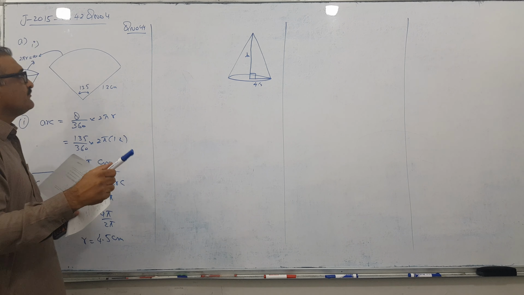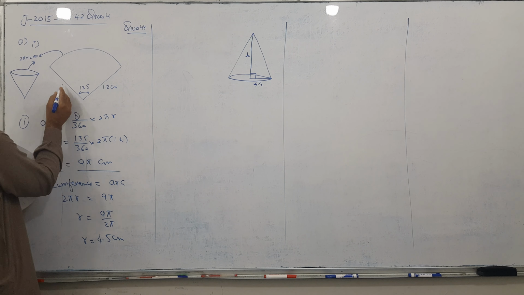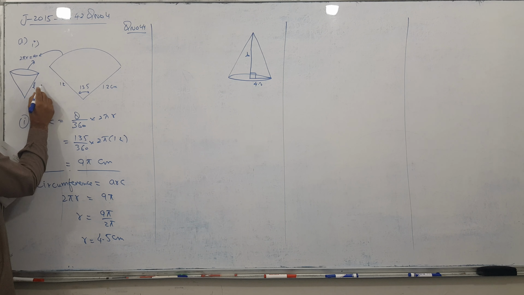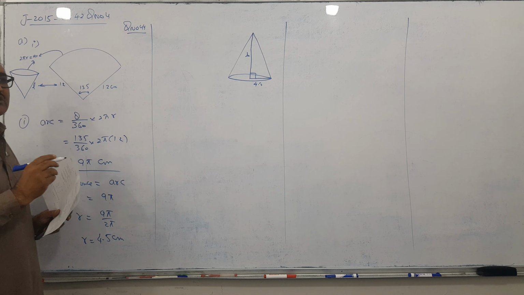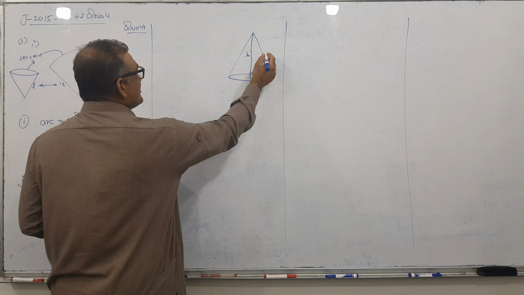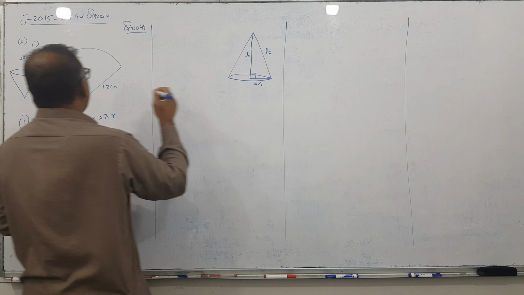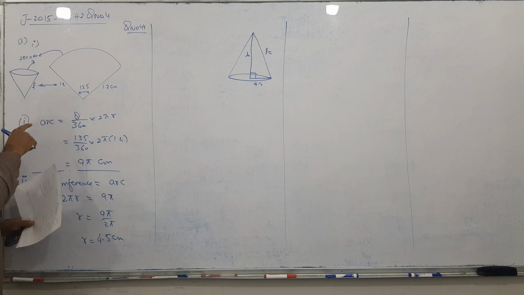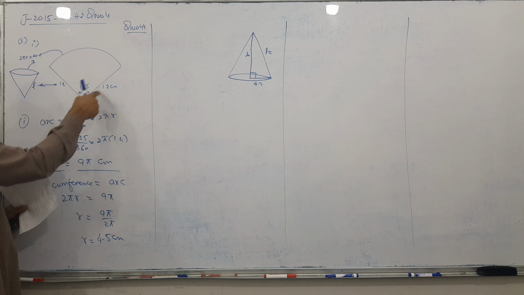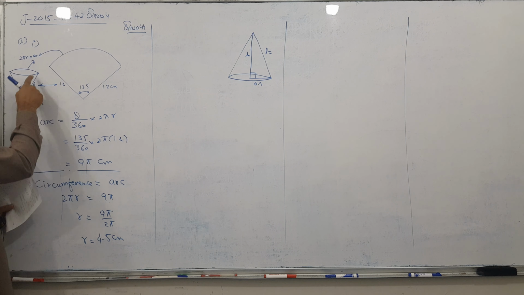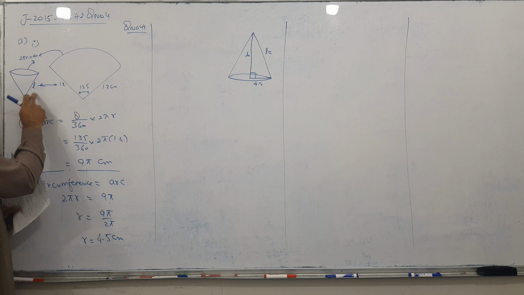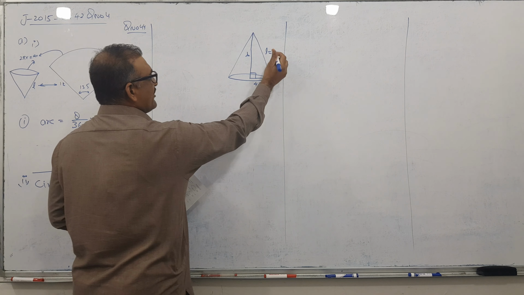I said before that the radius of the sector and the slant height are equal to each other. Majority of students get stuck here because they don't know this rule: the radius of the sector is equal to the slant height. So this 12 will come here as the slant height L.